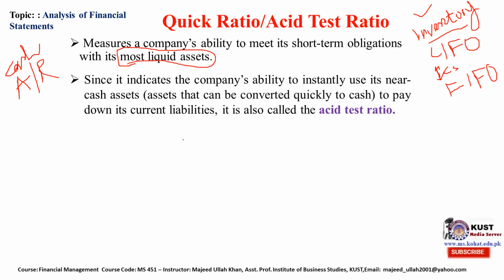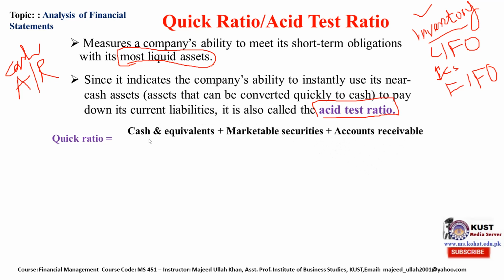As I discussed, those assets can be converted into cash without declining their value, and these assets are used to pay its current liabilities. So most liquid assets in comparison to current liabilities will calculate the quick ratio. So what is quick ratio? Quick ratio is equal to cash plus marketable securities plus accounts receivable.